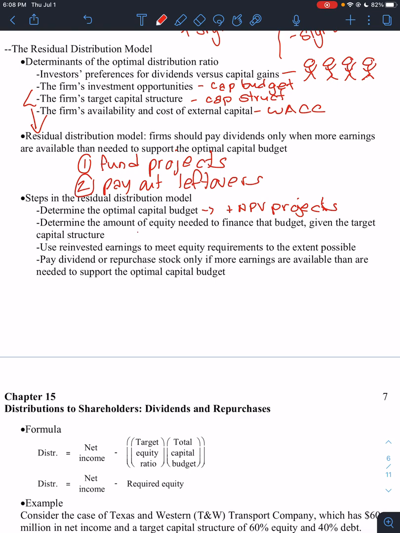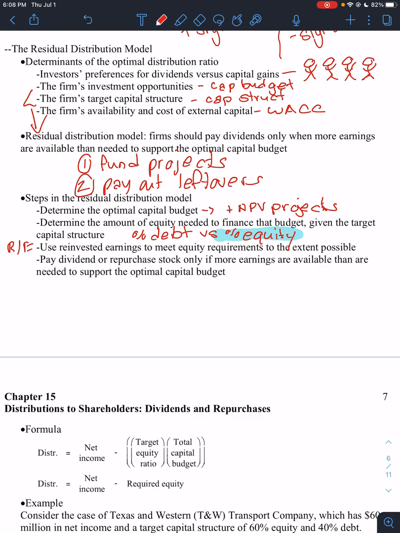So look at the percentage of debt that you use versus the percentage of equity. The one we want to focus on is the equity portion, right? How much of my capital budget has to come from equity? It says use reinvested earnings to meet the equity requirements to the extent possible, aka use retained earnings, because it's the cheapest source of funding we have, and we already have it.